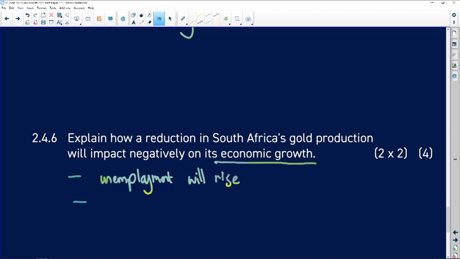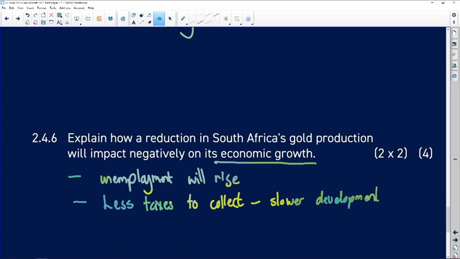Okay, also means with less employed workers, there will be less taxes to collect. Okay, so when there's less taxes being collected, it means slower development, because the government lacks money to create new development initiatives.